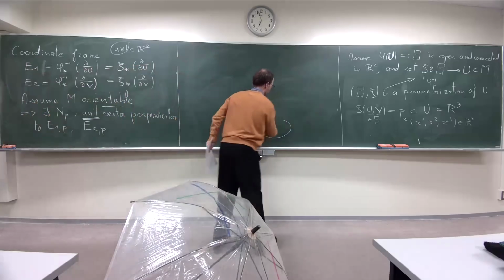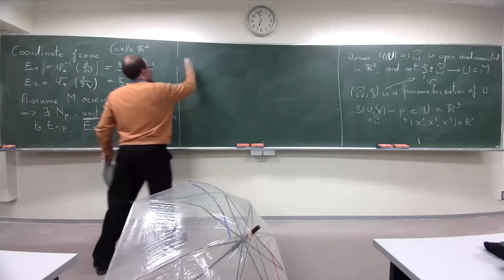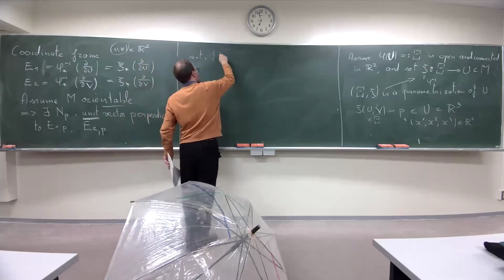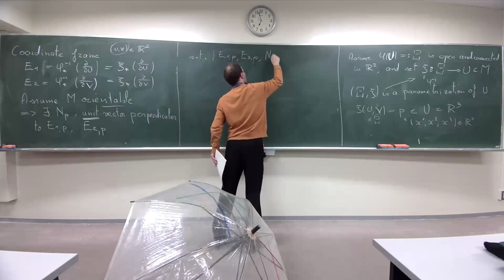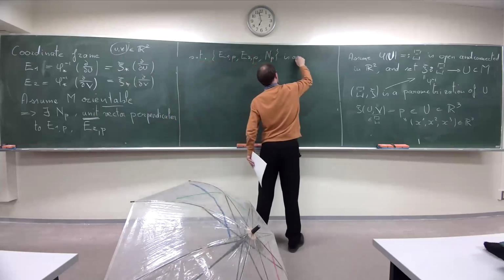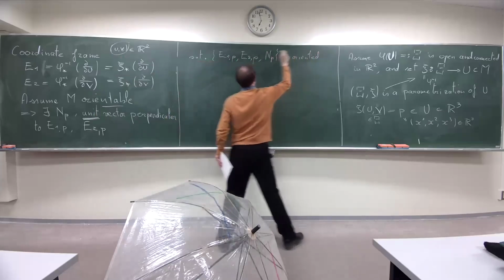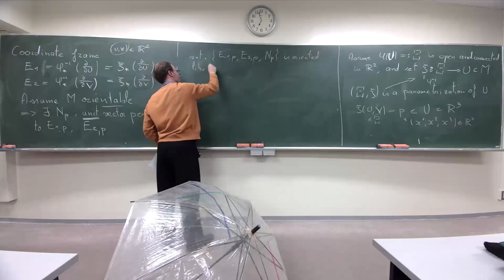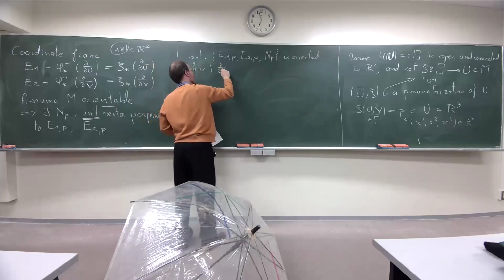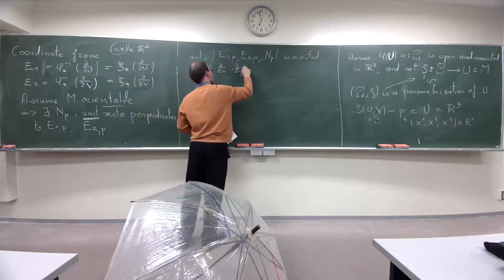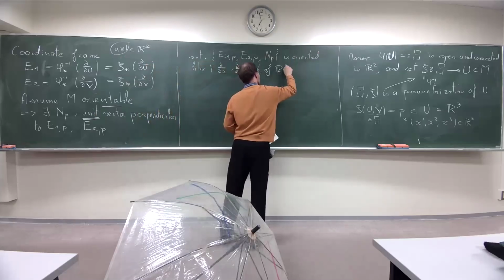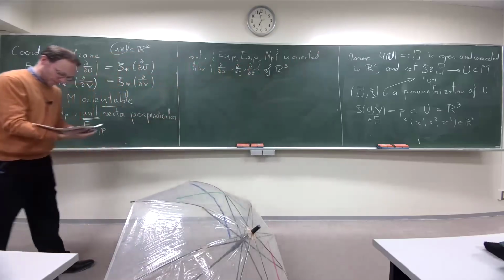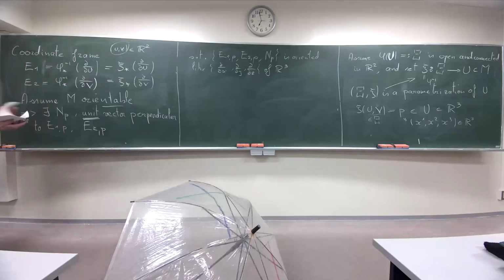So I choose it such that the triple E1P, E2P, and the new vector NP is oriented like the standard basis d over dx, d over dy, d over dz of R3. So we take just the standard orientation. You can always take one direction or the opposite direction.